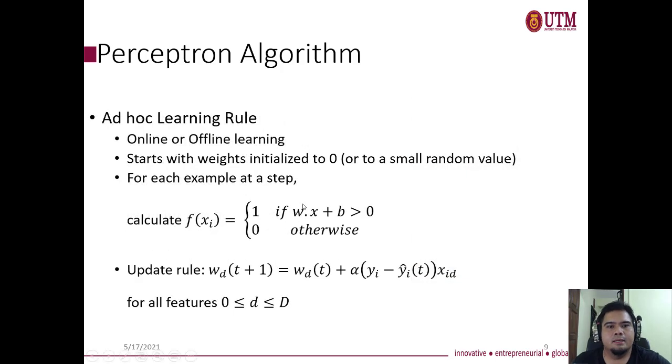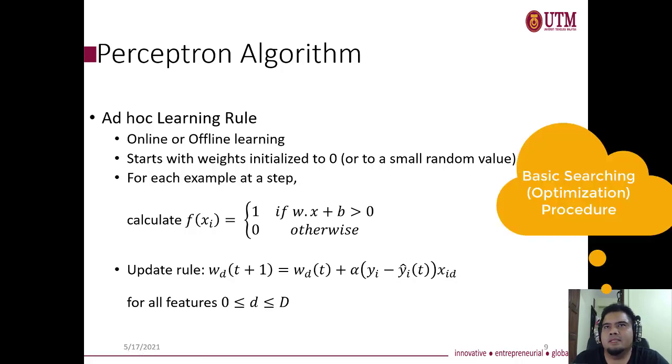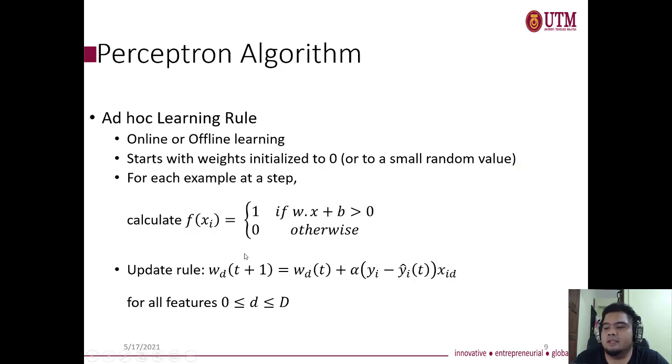So this is how the structure looks if you talk about this perceptron algorithm. I think you might be familiar with this behavior. If you remember, we discussed basic searching for optimization, and the common method to do optimization is what we call gradient descent, and the purpose is to update the beta.